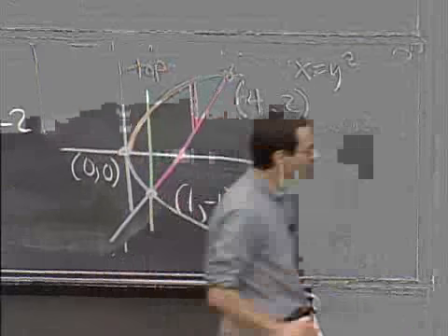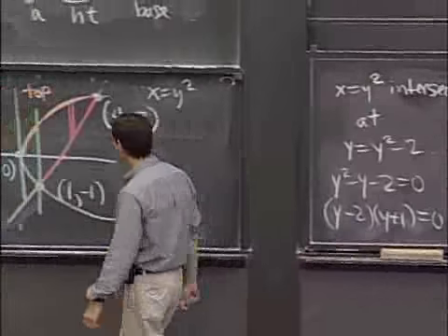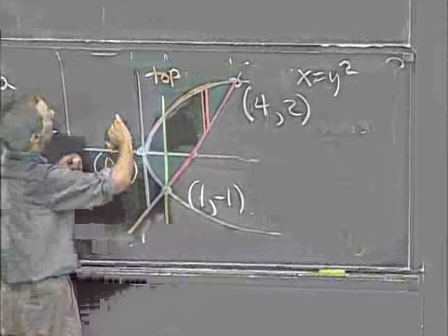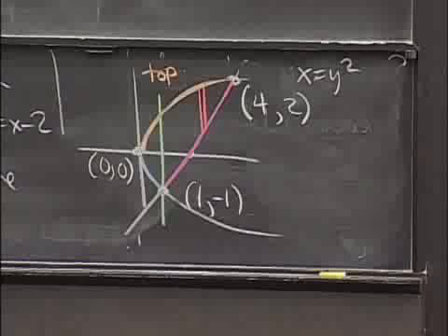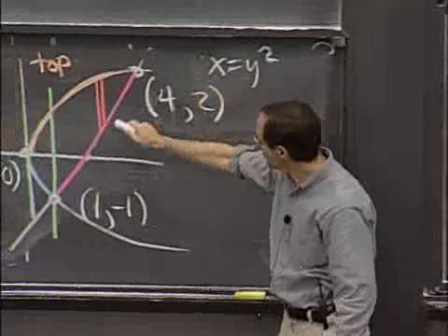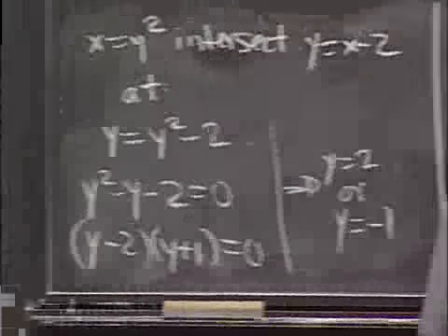All right, now I claim I have enough data to get started, but maybe I'll identify one more thing. I need the top, the bottom left, and the bottom right. The top is the formula for this branch of x equals y squared, which is in the positive y region, and that is y is equal to square root of x.